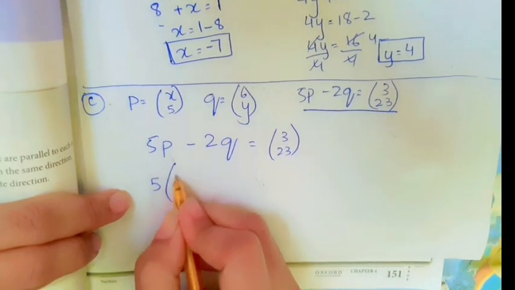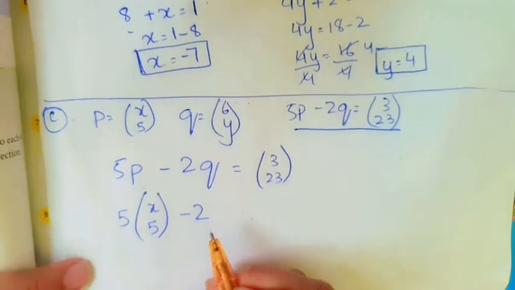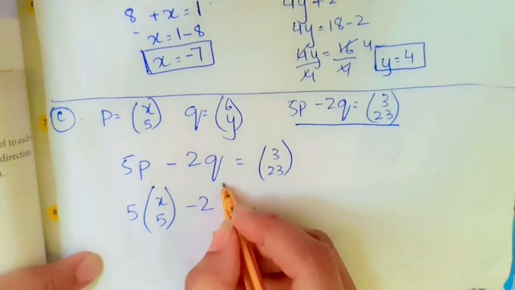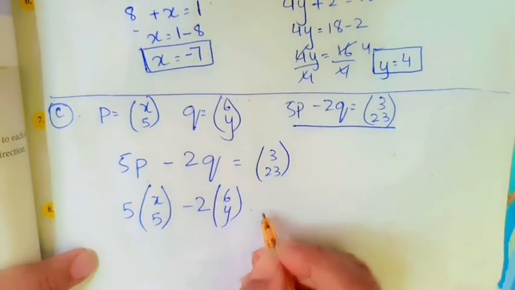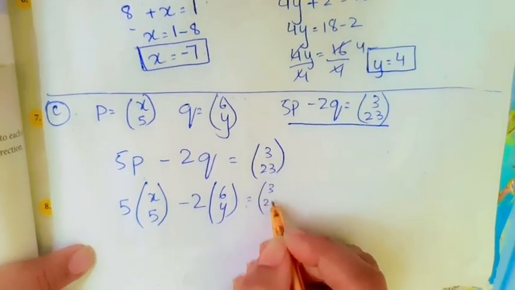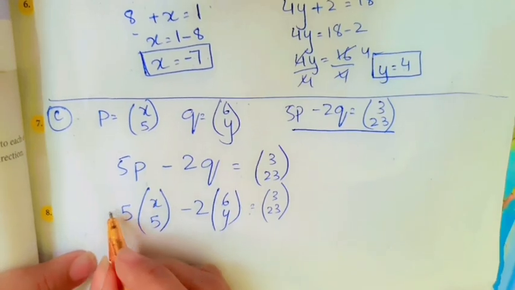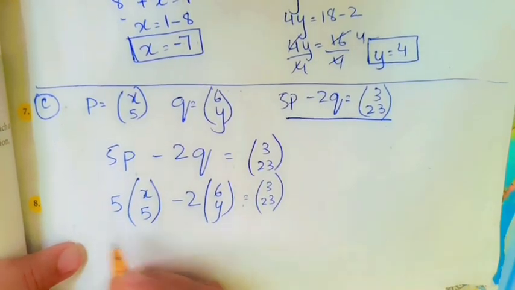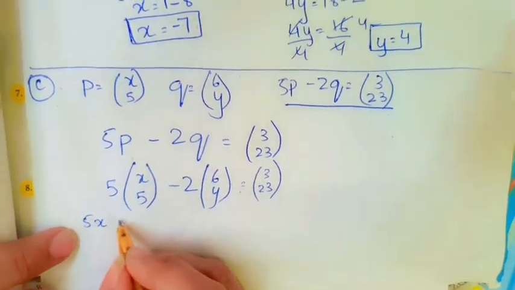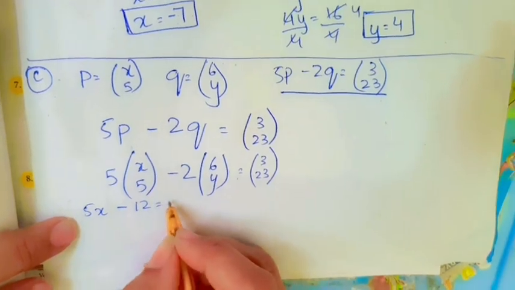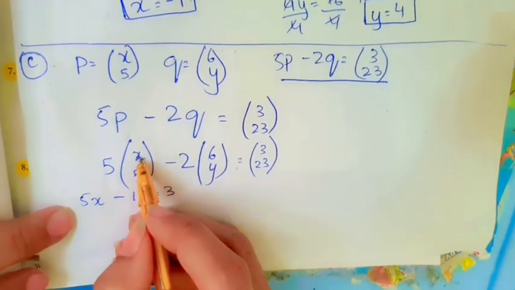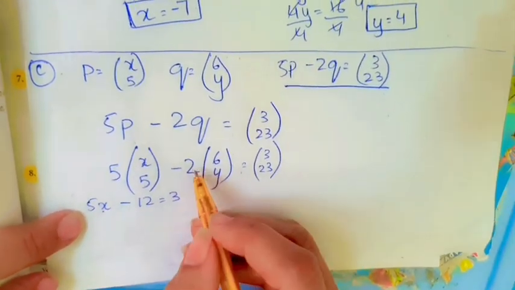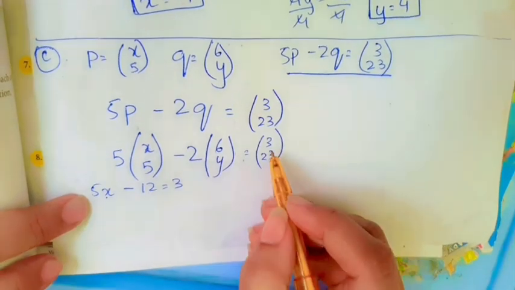The value of p is (x, 5), and the value of q is (6, y), equal to (3, 23). So I am taking the x components over this side: 5x minus 12 is equal to 3. How did I do it? 5 multiplied by x is 5x, 2 times 6 is 12, and 3.